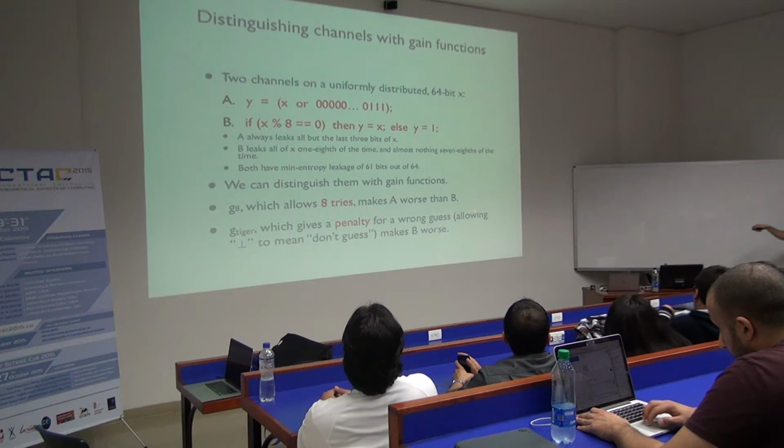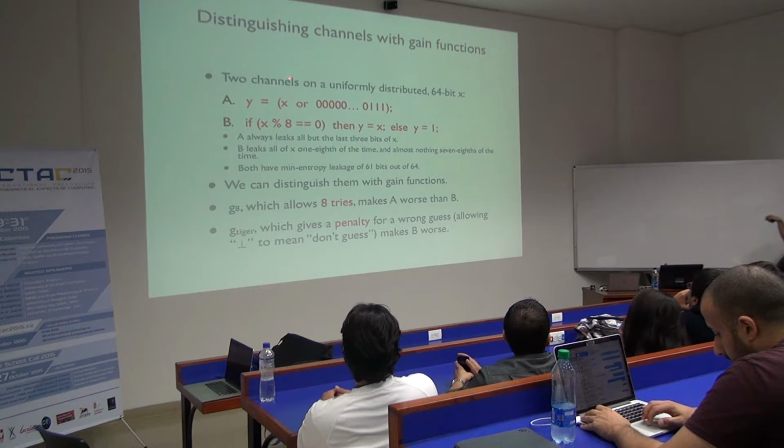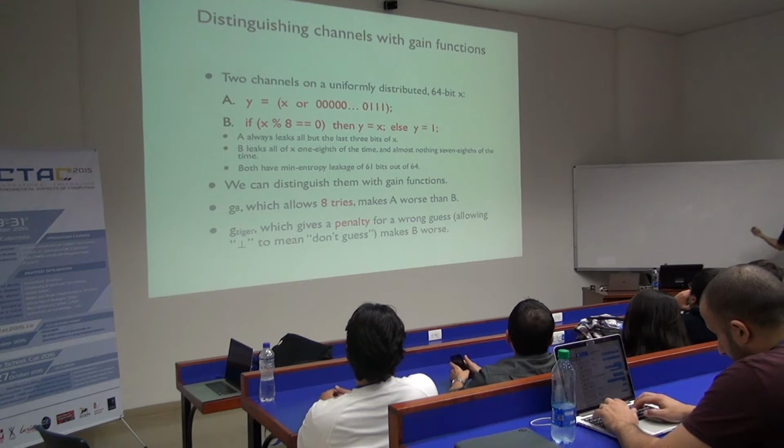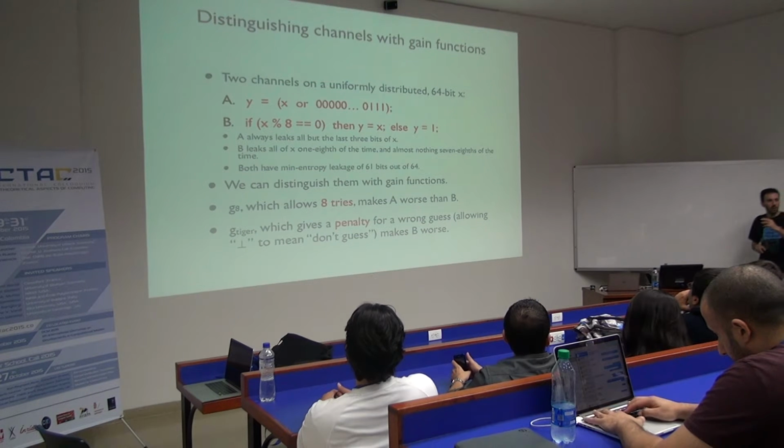So how can we do this? Well, I can make the set of guesses to be the secrets plus some symbol here to mean don't guess, right? Another gain function. Well, the gain of this guess with any secret could be say 1/2 or something small, right?